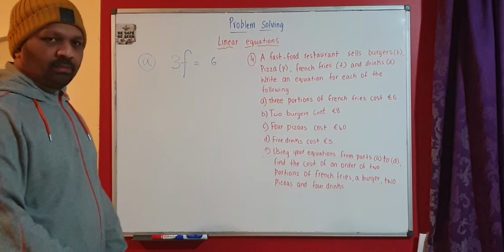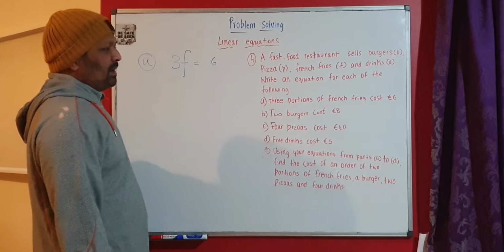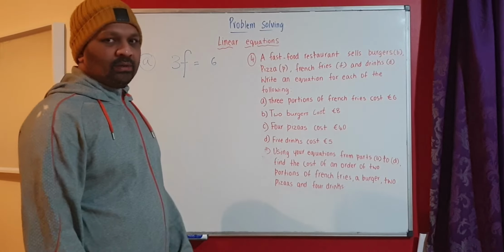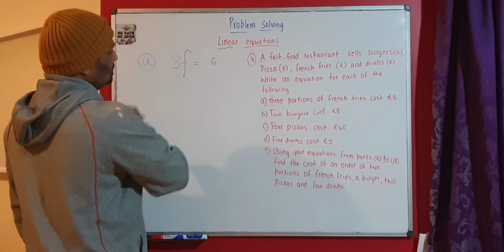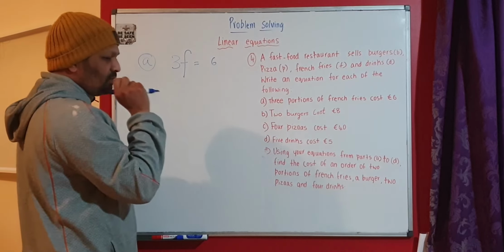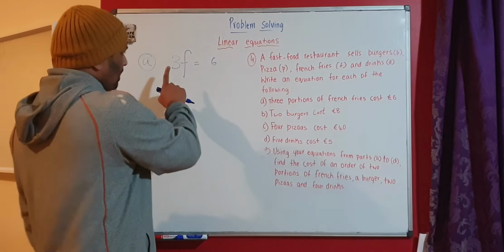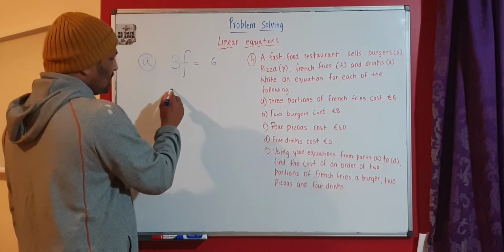It can be euro, dollars, rupees, it doesn't matter, it's a local currency unit. So 3f is equal to 6. What is f? f is the cost of 1 french fries. So what is the cost of 3 french fries?